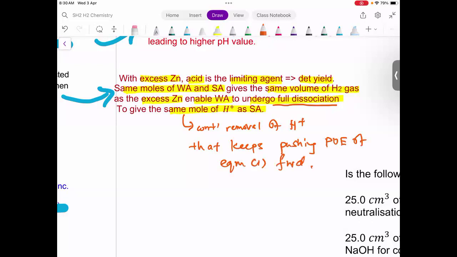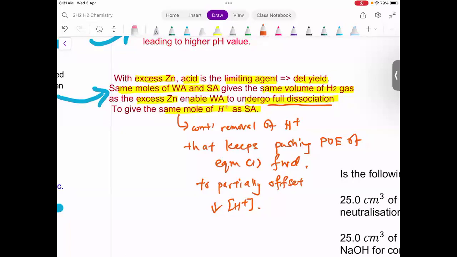So this is your Le Chatelier principle. And how much you need to write depends on the number of marks given.